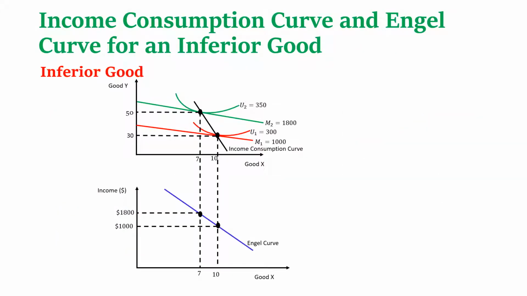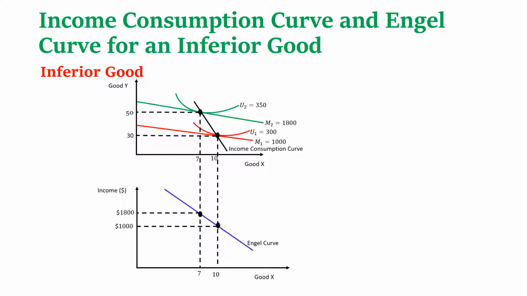Now let's look at the case of the inferior good. If you look at this inferior good here, you will notice that when the income of the consumer increases, what happens to the demand for good X?